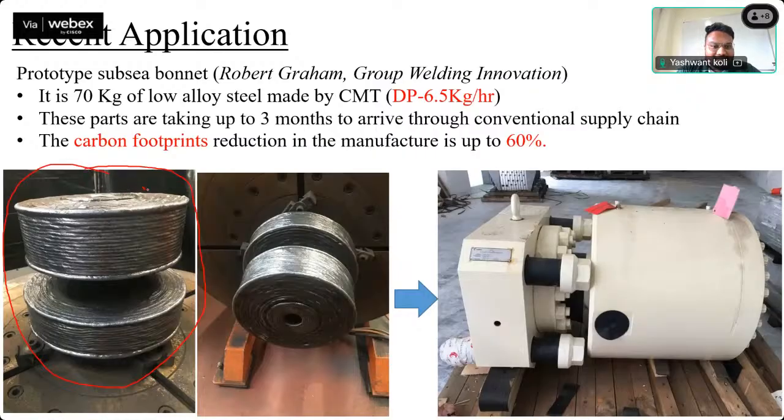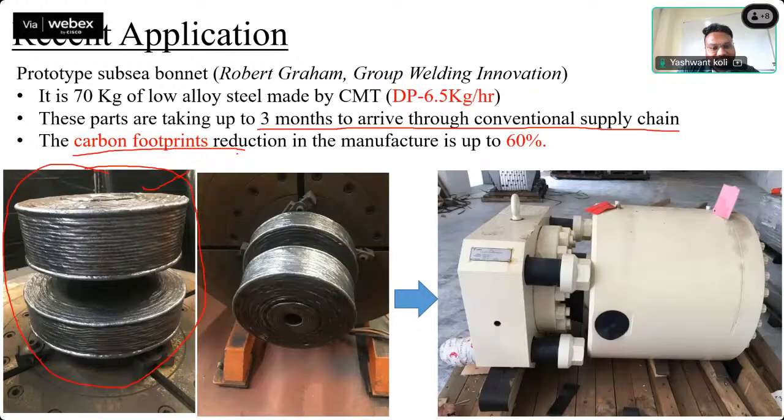Traditionally, with conventional manufacturing processes, it takes almost 3 months to arrive through the conventional supply chain, because we have to fabricate different parts and then assemble them. That increases the carbon footprint.